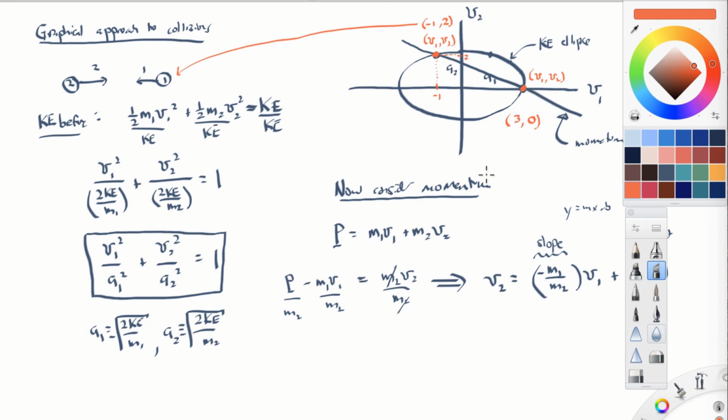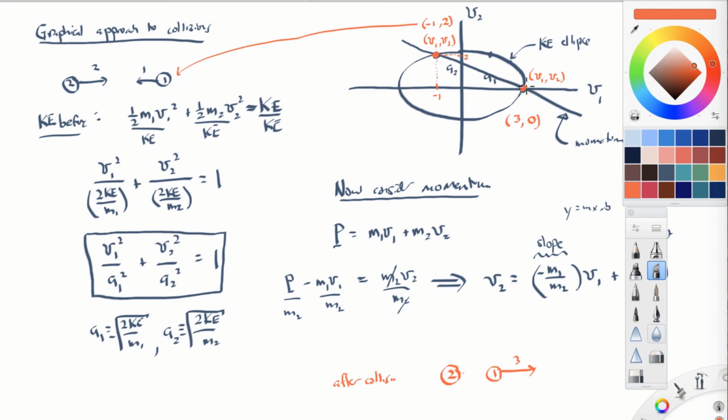So after the collision, object 2 is sitting still and object 1 is moving to the right at a speed of 3. You might recall that the total momentum was the same as before the collision, and the kinetic energy was also the same. So they're both lying on the same kinetic energy ellipse, and along this line. This is the solution of the intersection of this line with this ellipse, and it gives you the situation before and after the collision.